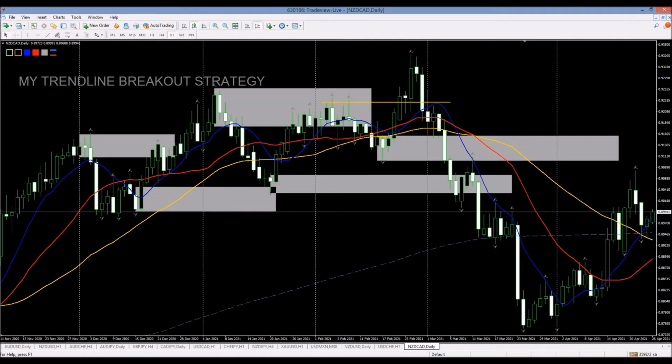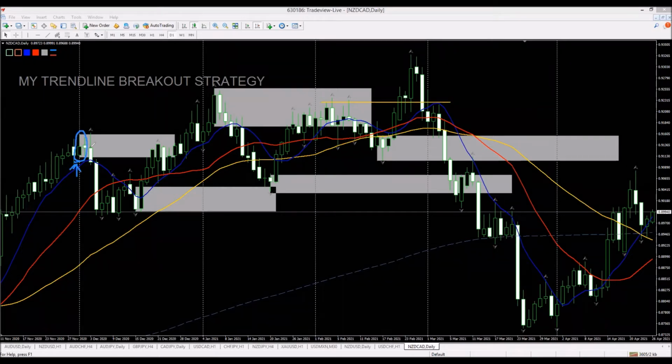Remember, just as a quick review, a bearish order block, as we see here, is the up candle prior to the down move.